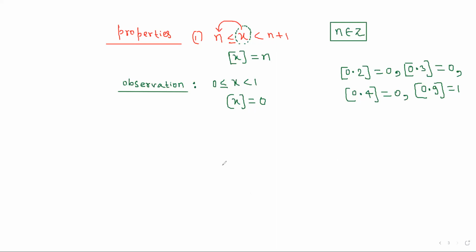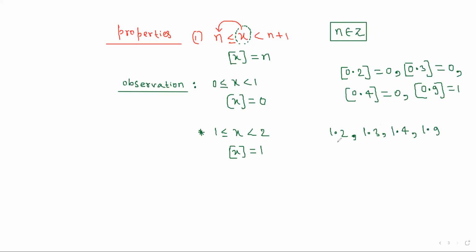Next observation. Let's say x lies between 1 and 2. So the greatest integer function of x is what? Always 1. Take 1.2, 1.3, 1.4, 1.9.